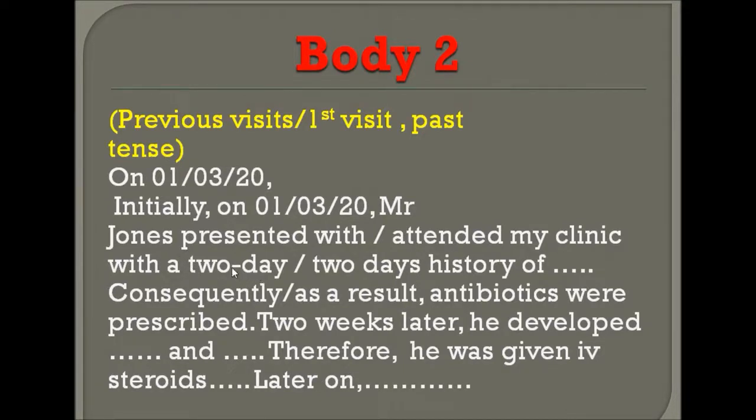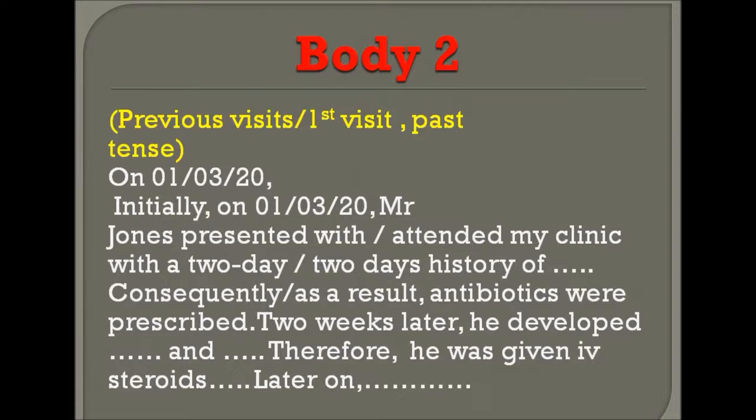This is an important point. If you put a slash between 2 and day, then it will be a 2-day. If you don't put a slash, then it will be 2 days. Okay, Mr. Jones attended my clinic with a 2-day or 2 days history of anything.